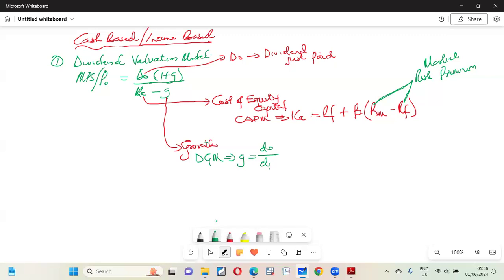So D0 is the current year's dividend, the one that was just paid, and D1 is the very first dividend that was ever paid.